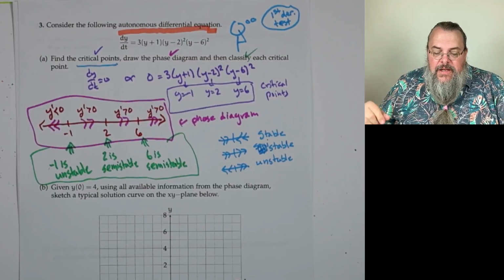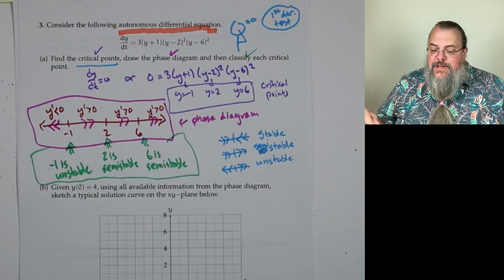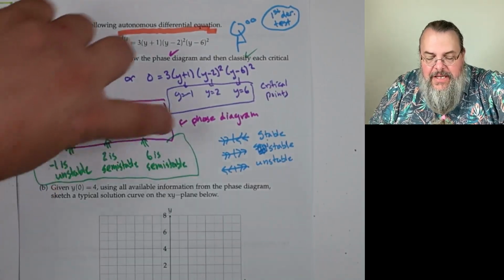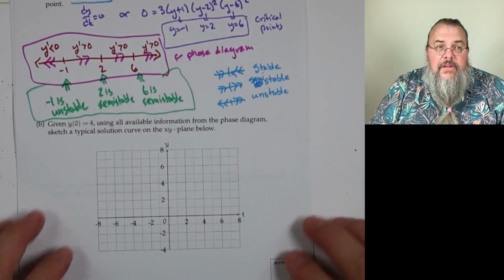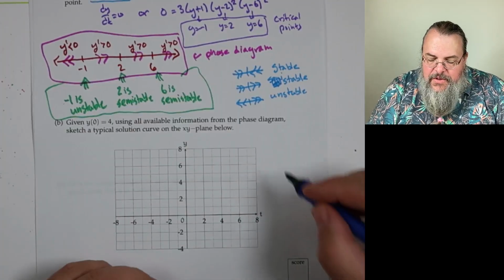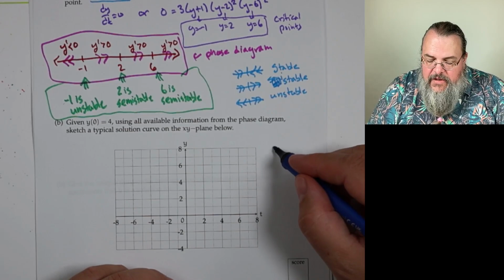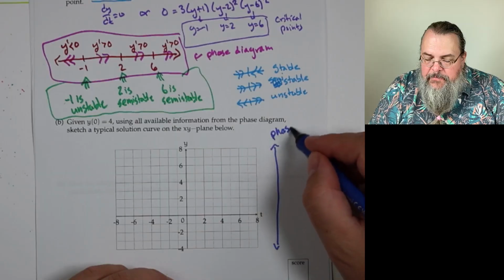Now, this phase diagram, that's the one that we're referring to, I'm going to replicate it. So I'm going to take it and turn it sideways here. All right, beautiful. So we have our phase diagram off to the side. Just for reference, here's our phase diagram.